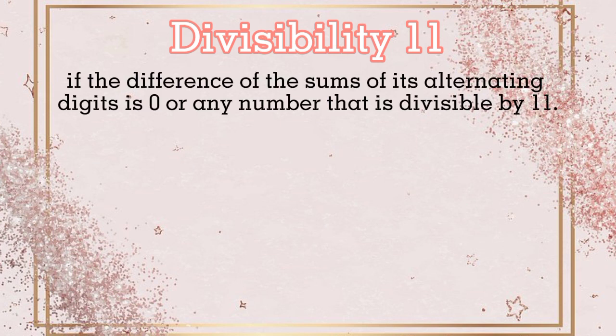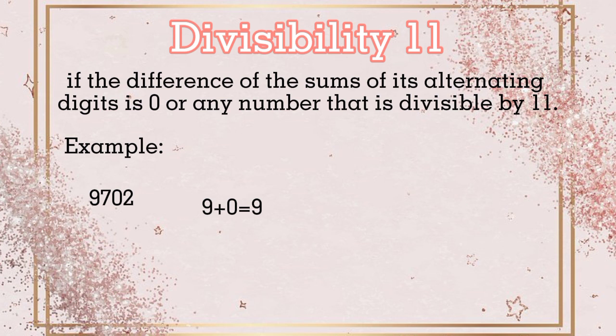Next is divisibility by 11. A number is divisible by 11 if the difference of the sums of its alternating digits is 0 or any number that is divisible by 11. Example, 9702. First, get the sum of the digits in the odd places, that is the first and third digits, which are 9 and 0. So 9 plus 0 is equal to 9.